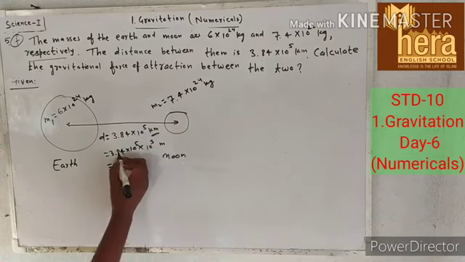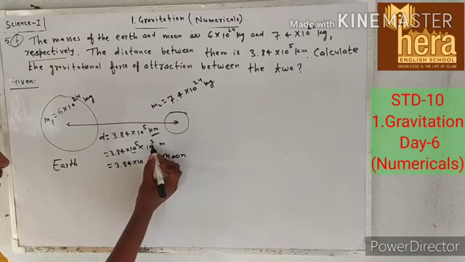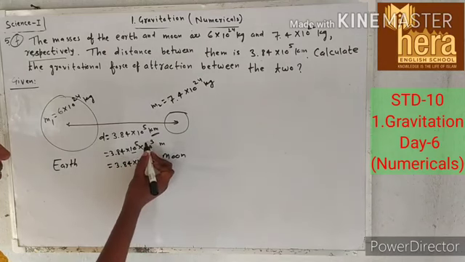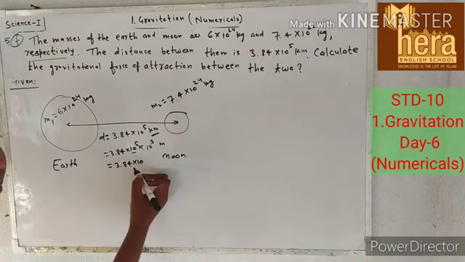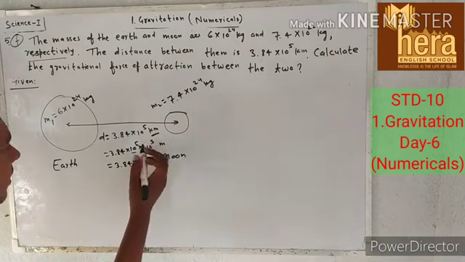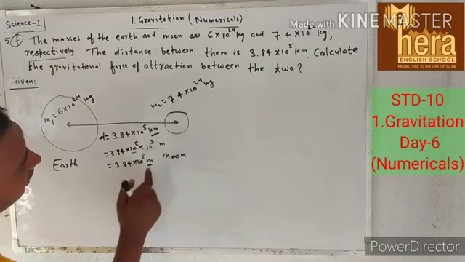So this will be equal to 3.84 into 10 raised to 5 into 10 raised to 3. Base are same, both are in multiplication, so index will be added. I have already explained in your basics calculation. Here will be 5 plus 3, that is 8. Here will be meter, not kilometers.